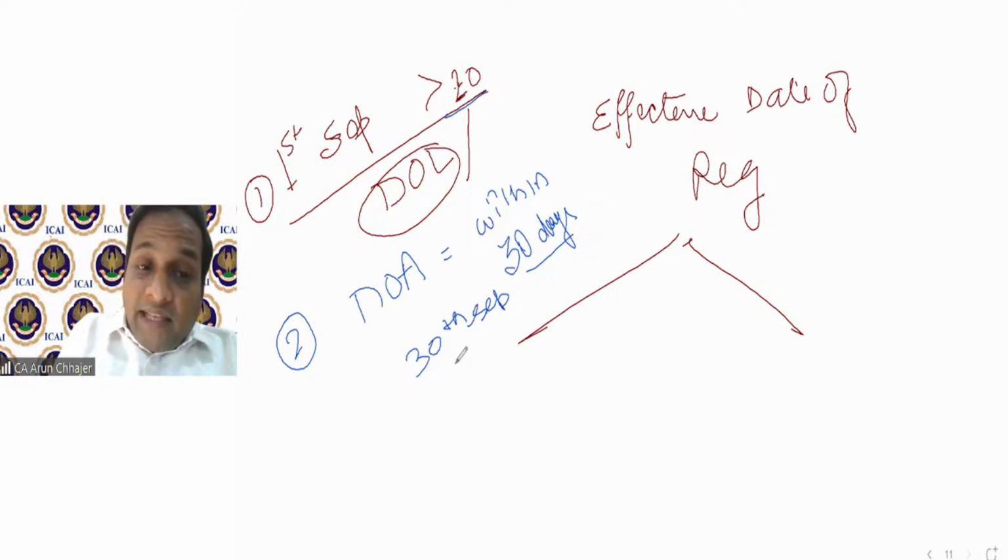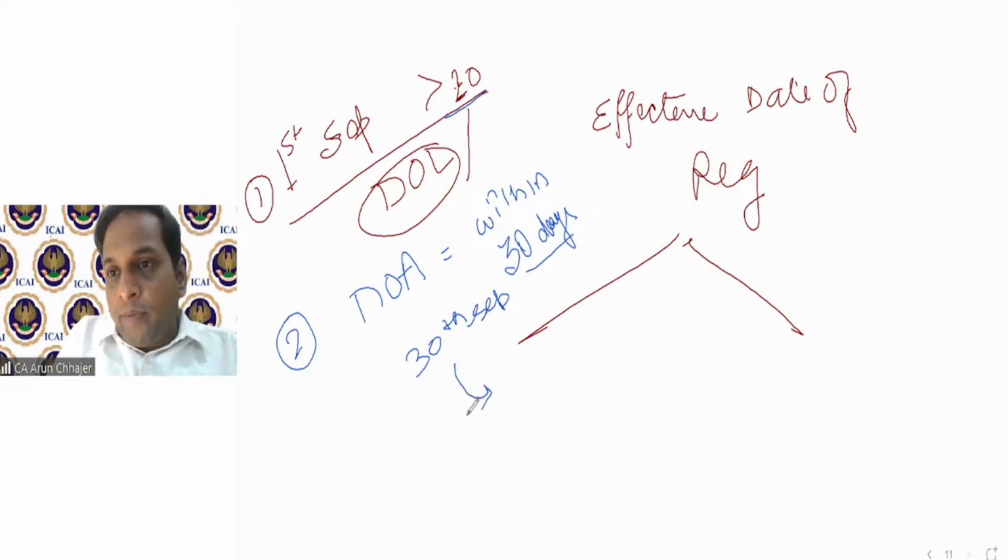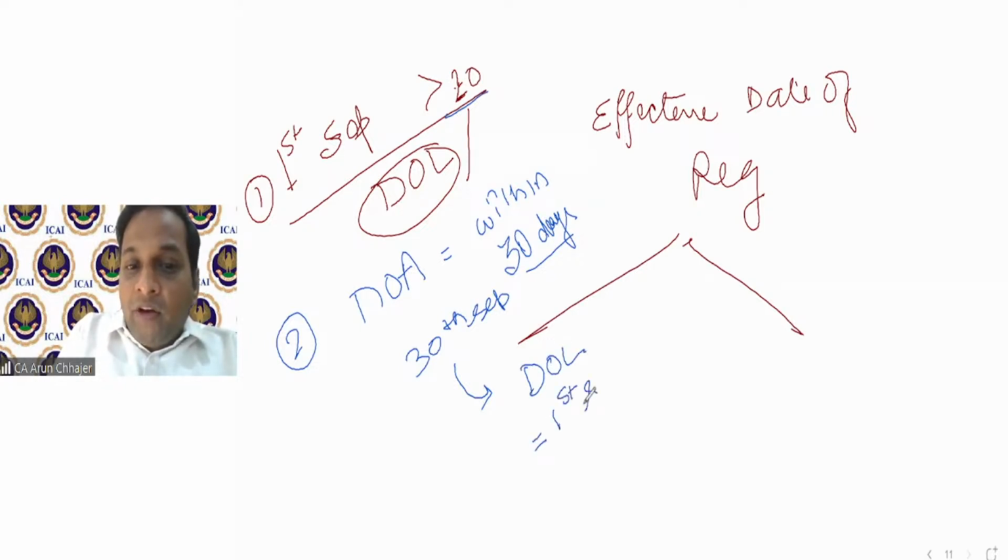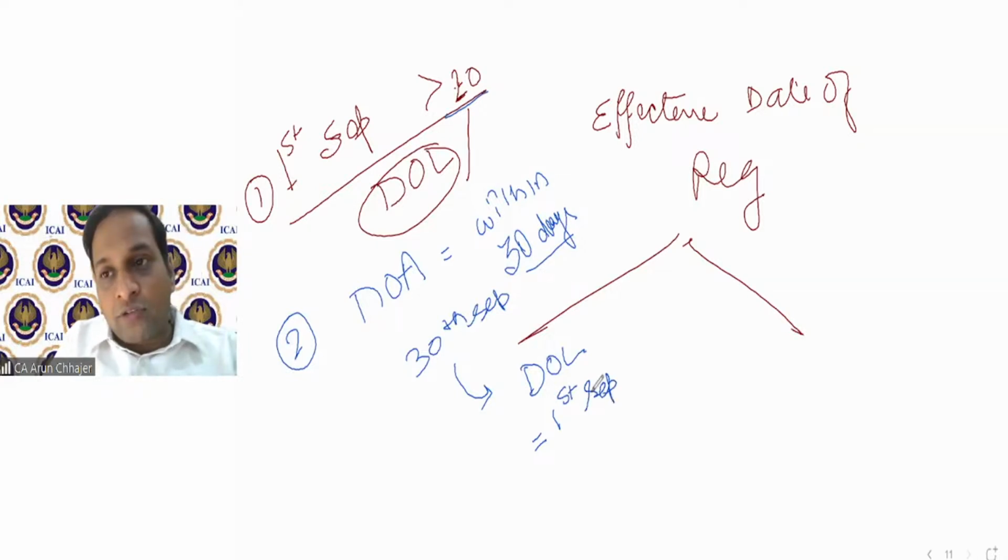Then what happened? Then the effective date of the registration would be the date of liability. It means the effective date of the registration would be 1st September 2023, etc. What is the use of the effective date of the registration?